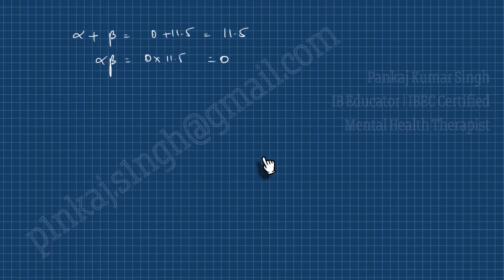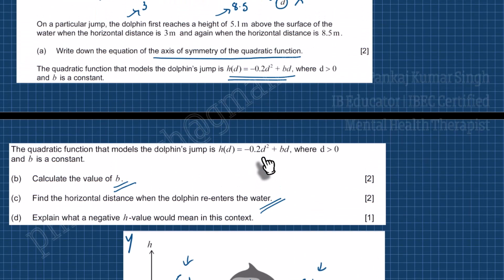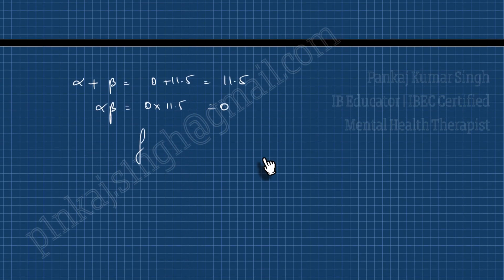So I can write the equation as h of d equal to minus 0.2 times d square minus the sum of the roots times d plus the product of the roots.